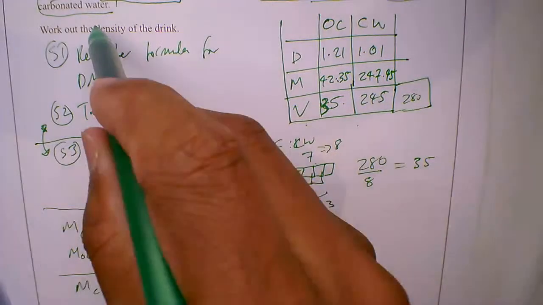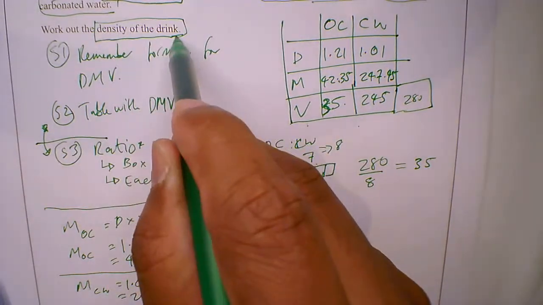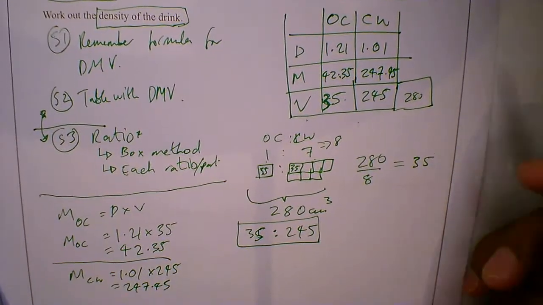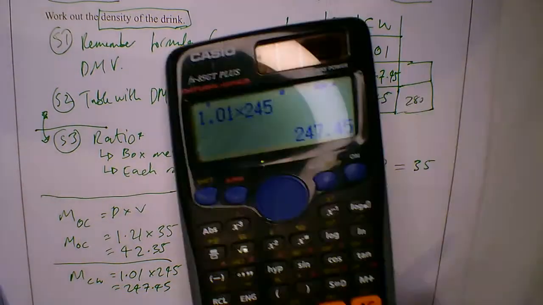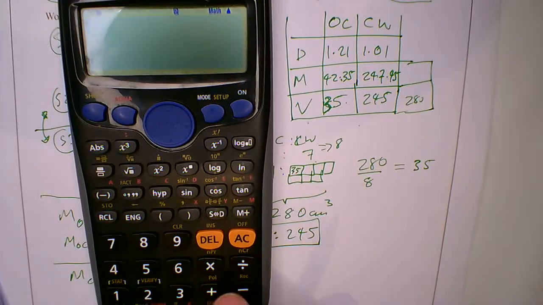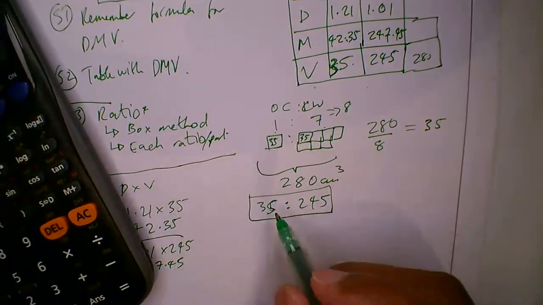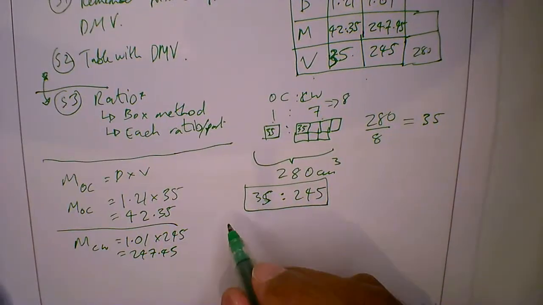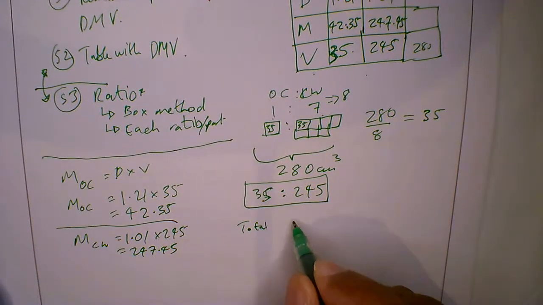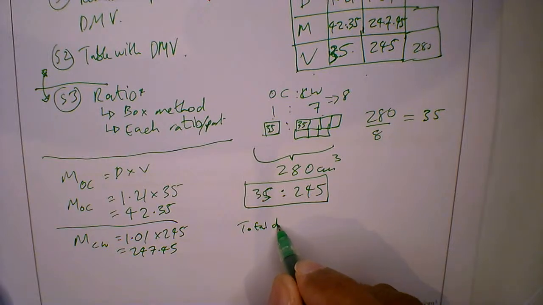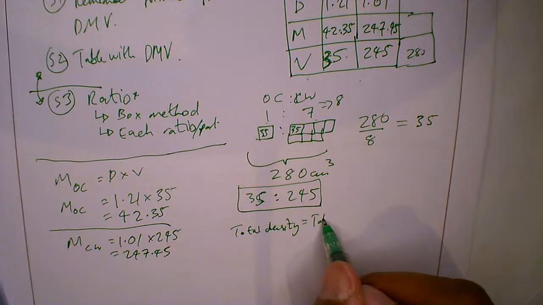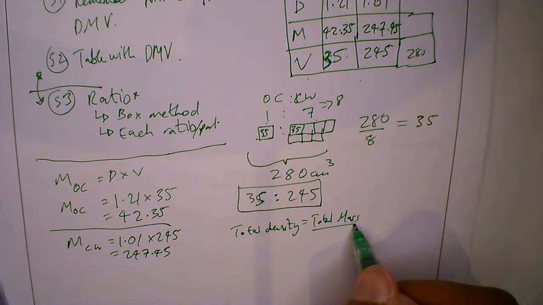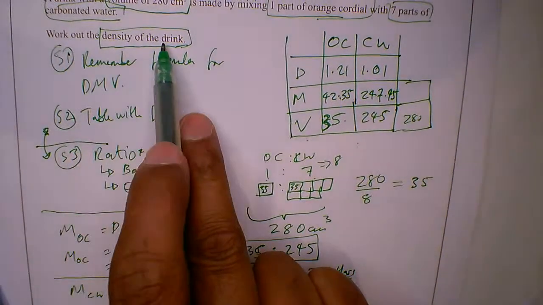And the question says, work out the density of the drink. So that means it's everything. So I can just add these together. Total density equals the total mass divided by the total volume, because it says the density of the drink.